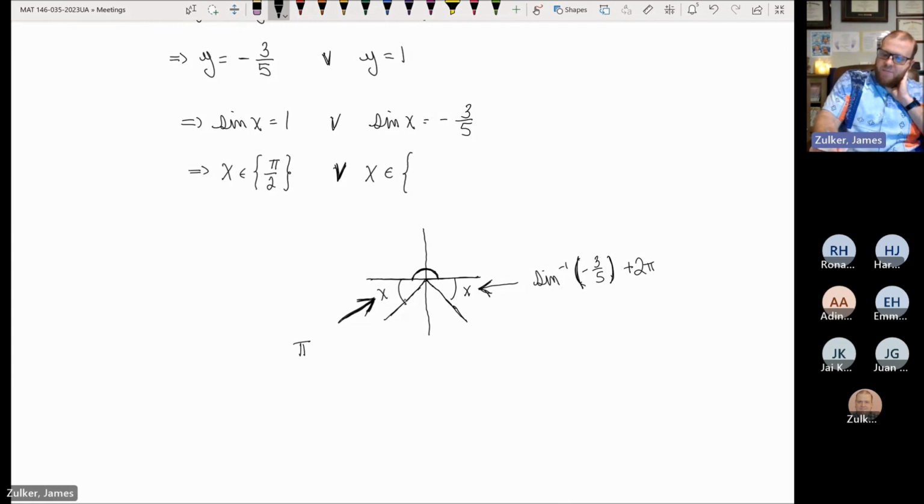Then this angle, if we're just measuring it with respect to this axis here, would be pi over 4. How do you get pi over 4 from negative pi over 4? Multiply by negative 1. So it's pi minus the inverse sine of negative 3/5.